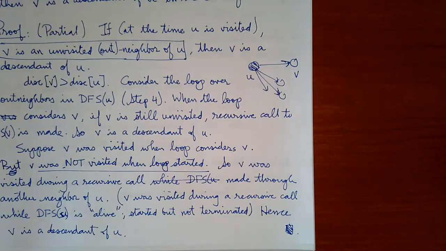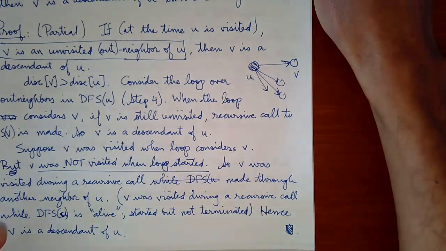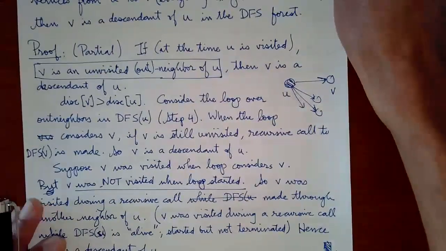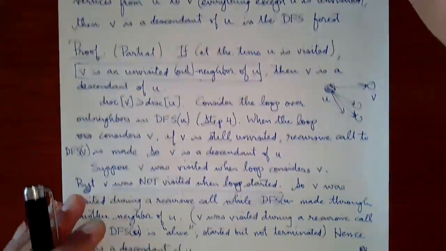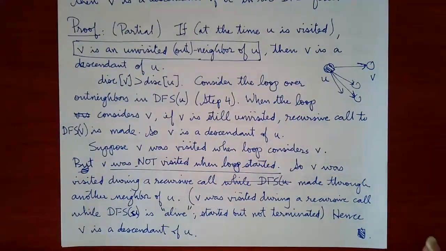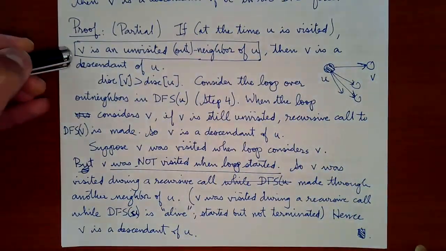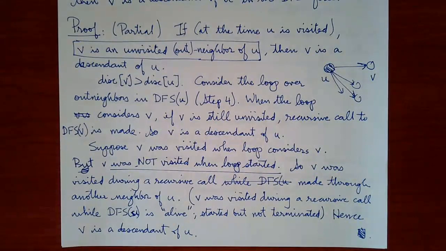You can do it through some kind of induction. But again, it's not immediately obvious, but hopefully the argument that I've made makes sense. Any questions about this argument? This is just a partial proof because it only talks about what happens when V is an unvisited out neighbor.